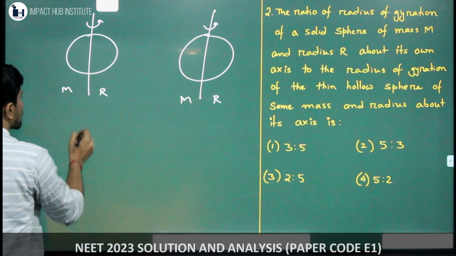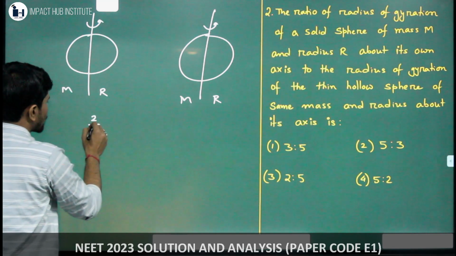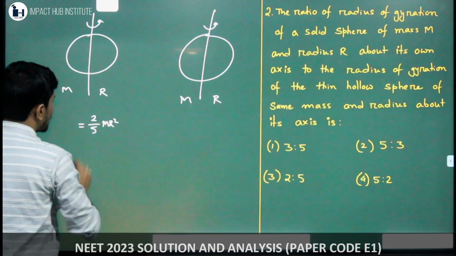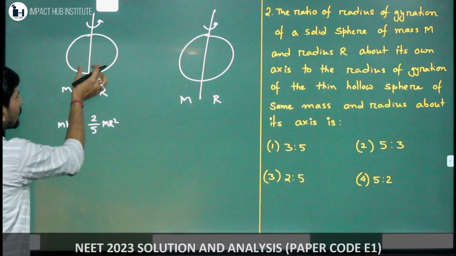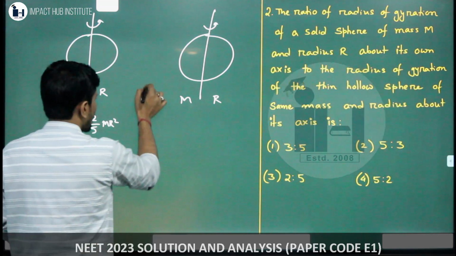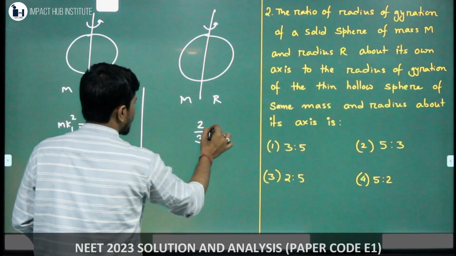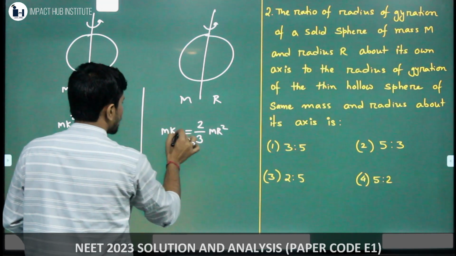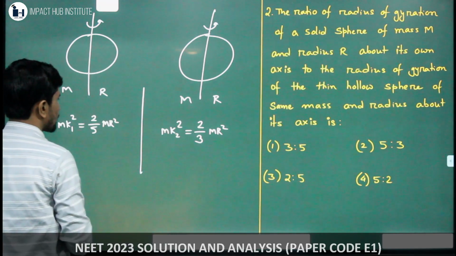So for the solid sphere, I will write down the moment of inertia about its own axis, which is 2/5 mr², and I will make it equal to mk². Let's say k1 is the radius of gyration for the solid sphere. Again, for this hollow sphere, the moment of inertia about its own axis is 2/3 mr². When I make it equal to mass multiplied by its respective radius of gyration squared, it will be like this.